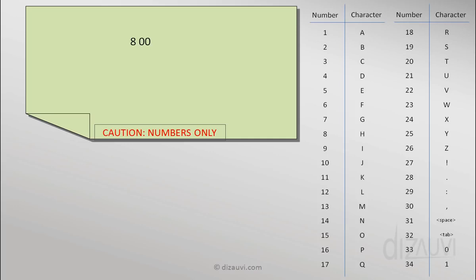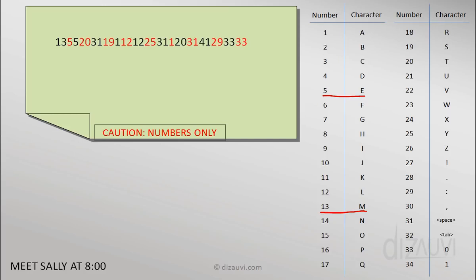So this process of converting characters to integers is called encoding, and converting integers back to the characters is called decoding. So if we were to write this text, meet Sally at 8, M will get converted to 13, E to 5, the next E to 5, T to 20, space is mapped to 31, and so on.